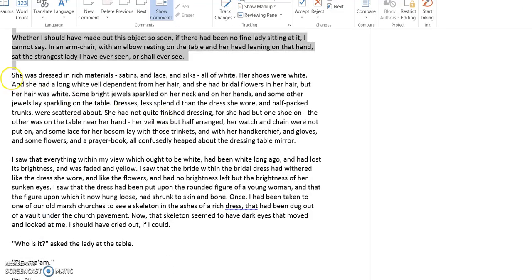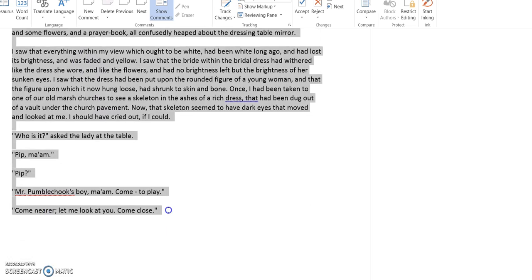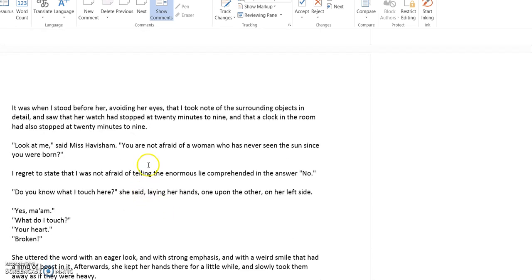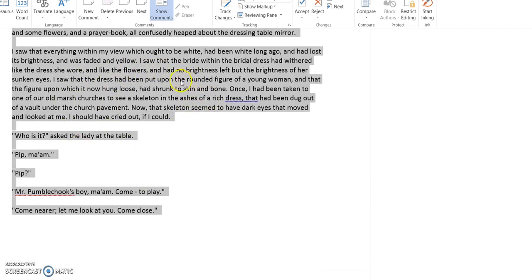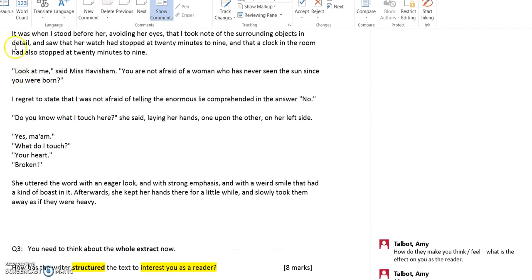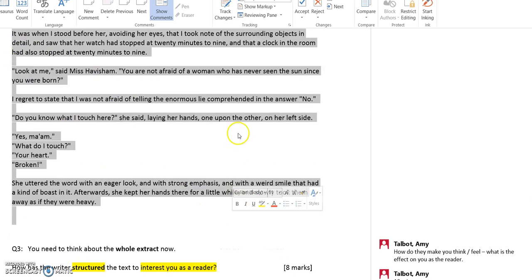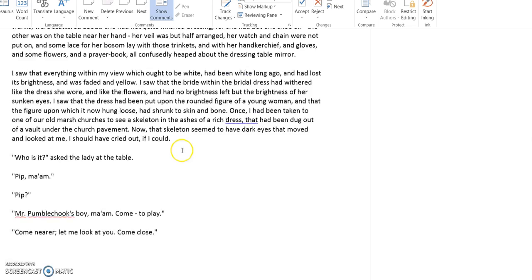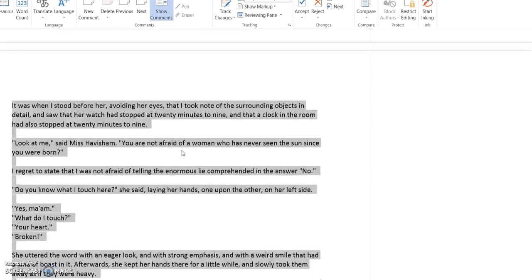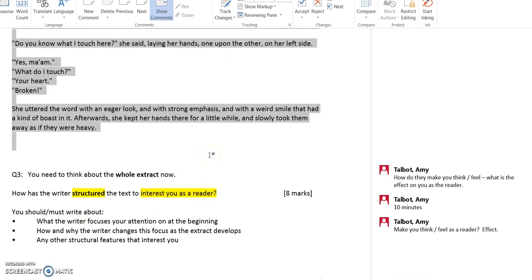Then I might move on to the middle, depending on how big the text is, see if there's anything in the middle worth mentioning in terms of structure, and then the end. So I've got maybe something I can say about a structural technique used down here as well. Then you've got those 3 chunks of the text to focus on, and hopefully you'll have 3 separate things to write about, because remember, 3 is the magic number. Okay, so go to the next video for paper 1 question 3 part 2, and I'll annotate the text with you.